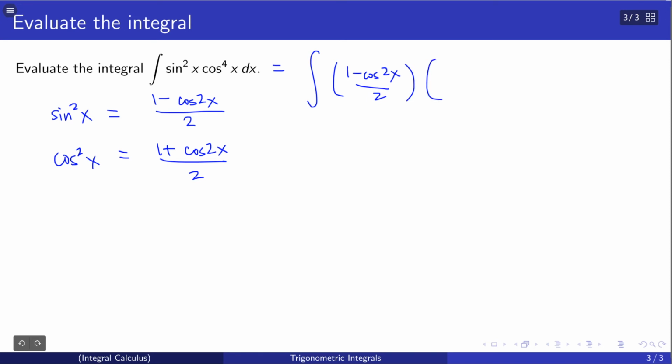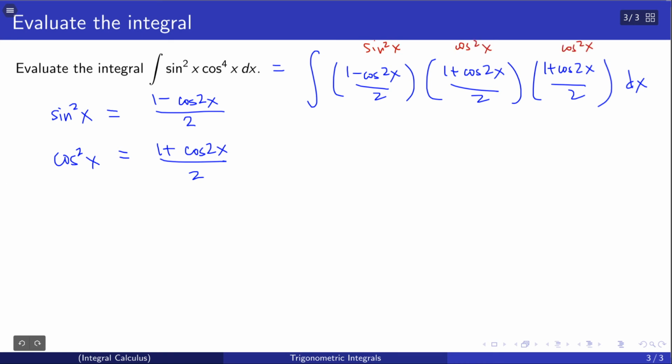Cosine to the fourth power, so that's cosine squared squared. So I have two copies of this. I'm just going to write it all out, so you see what's happening here. So this was my sine squared. This was a cosine squared, and this was a cosine squared in the original integral. Okay, what's next?